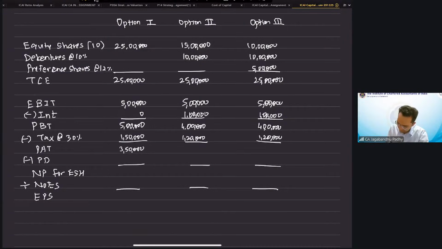PAT is 3,50,000 and here it is 2,80,000, and here also it is 2,80,000. So preference dividend, there's no preference dividend in the first two plans, but we have it in the last plan, which is 60,000.